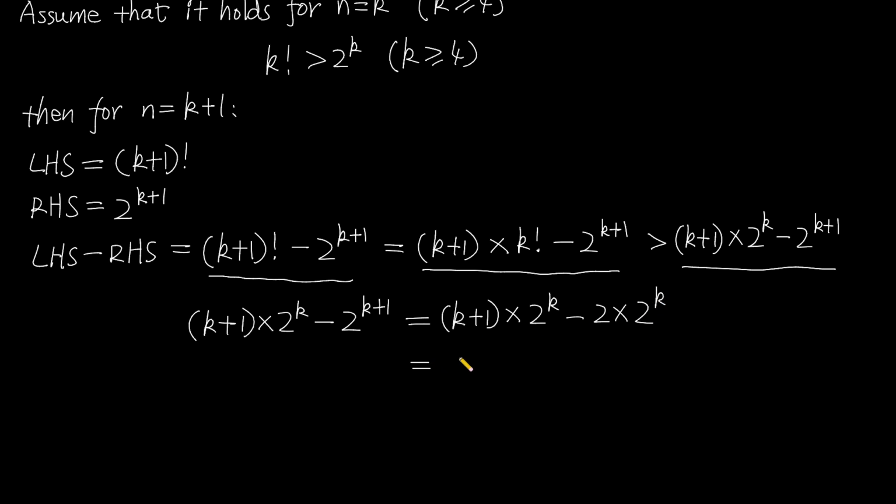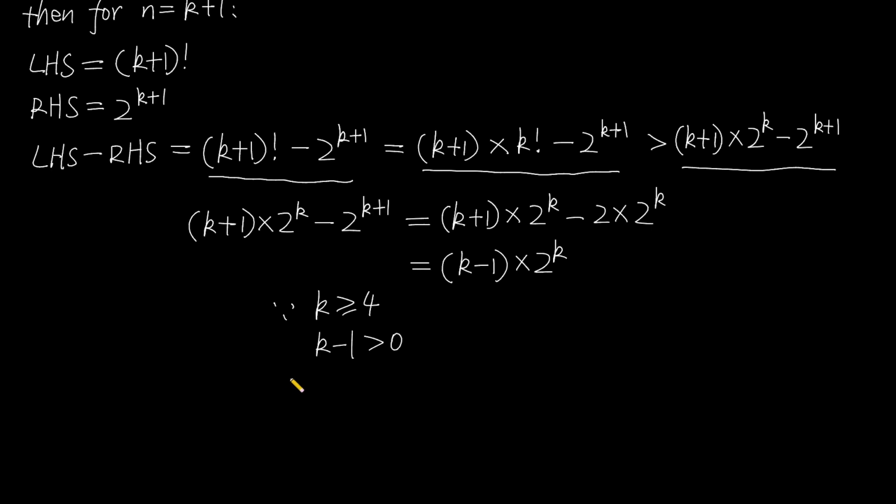Then this equals k minus 1 multiplied by 2 to the power of k. Because k is larger than or equal to 4, then k minus 1 is larger than 0. Then k minus 1 multiplied by 2 to the power of k is larger than 0. So this is larger than 0.